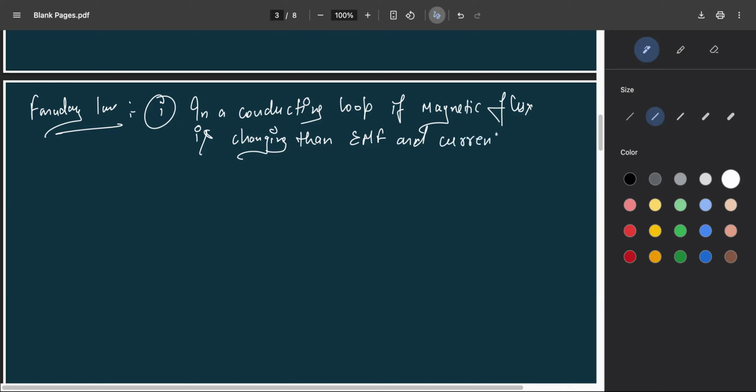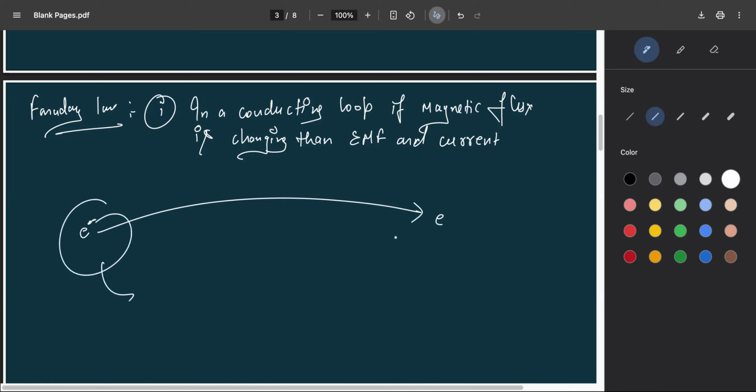Now you can say, sir, earlier you told about current, but how does EMF come in? It's very evident that if there is current, it must be due to some potential difference. You need a potential difference to generate current. What is current? Current is nothing but the motion of electrons from one position to another. That only happens if this is at a higher potential and this is at a lower potential; electrons move from lower to higher.